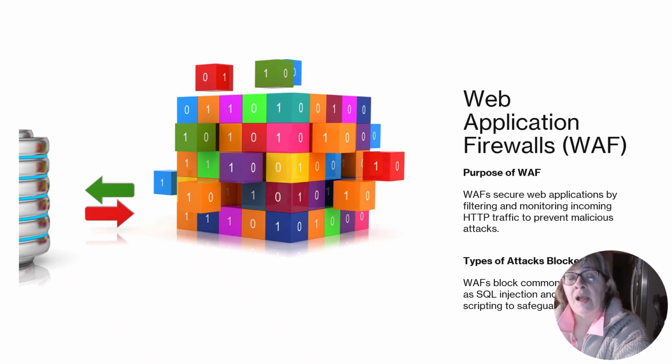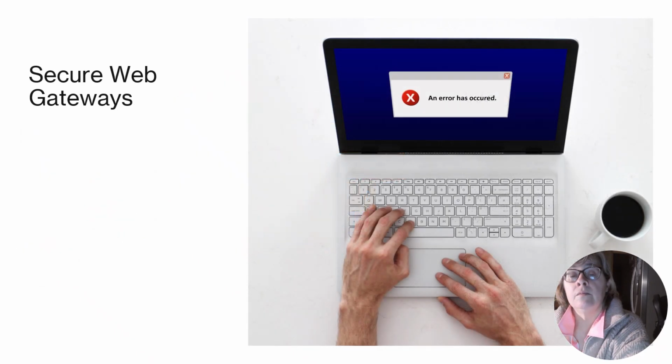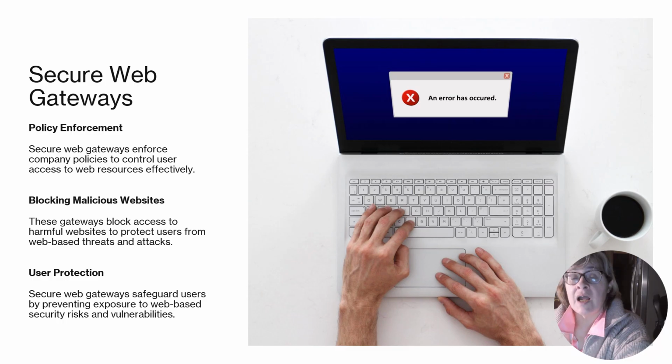Okay? And most websites now rely on, and you have to use, HTTPS, which is Secure Hypertext Transfer Protocol, okay? And SQL is a type of database. These gateways enforce company policies and block access to malicious websites, protecting users from web-based threats. And that is very important because that's a high one.